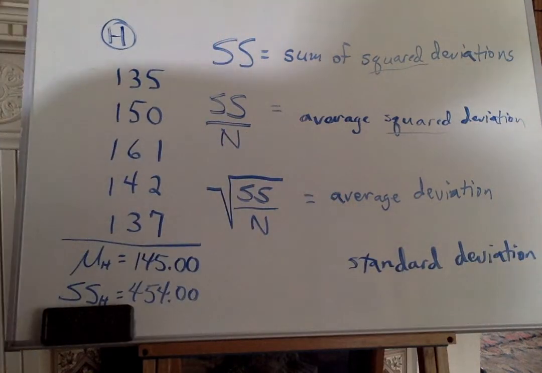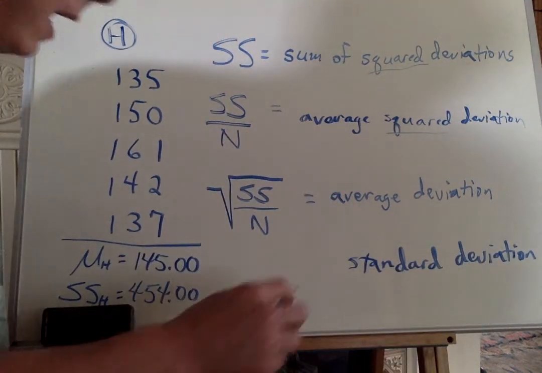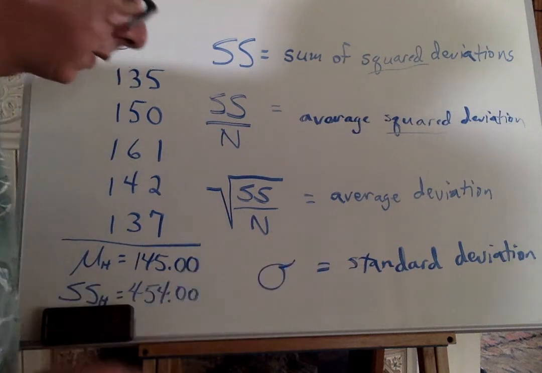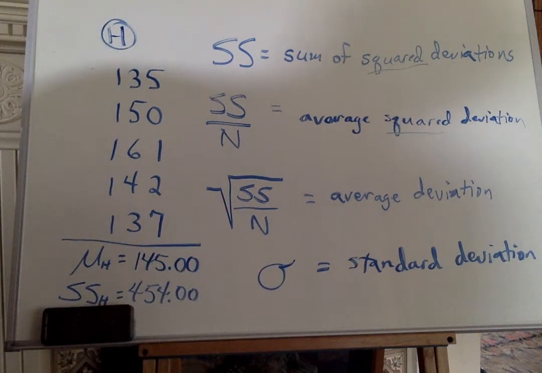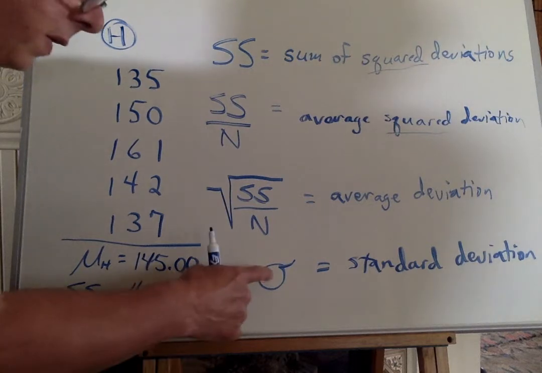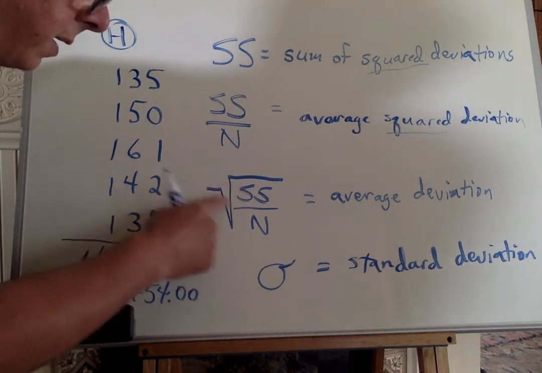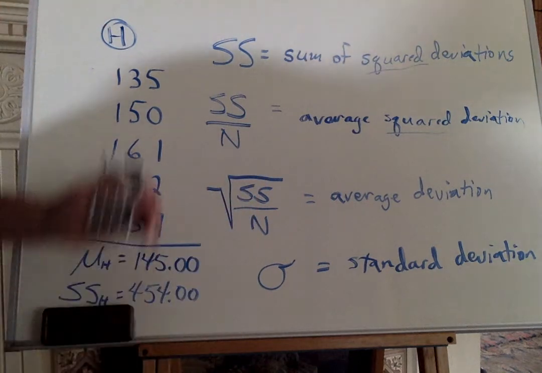And it has a symbol like this. It is a lowercase sigma. So this value we get taking the sum of squares divided by n, take the square root. And this is how it works.